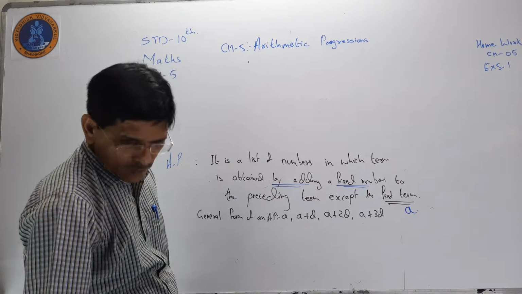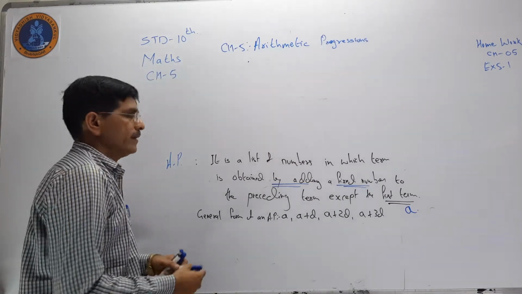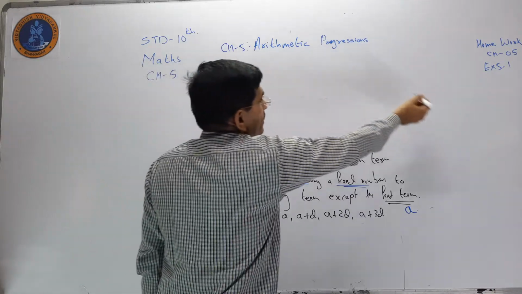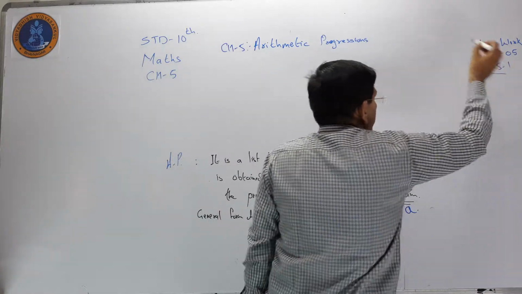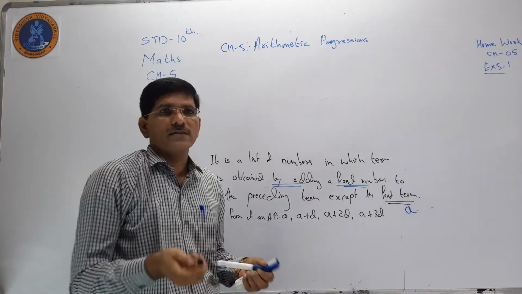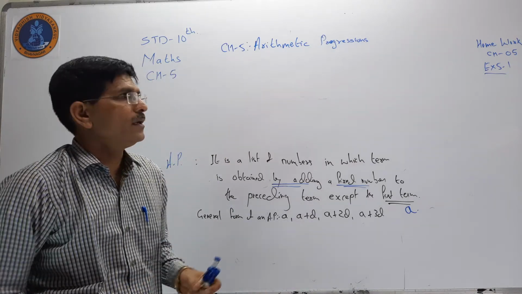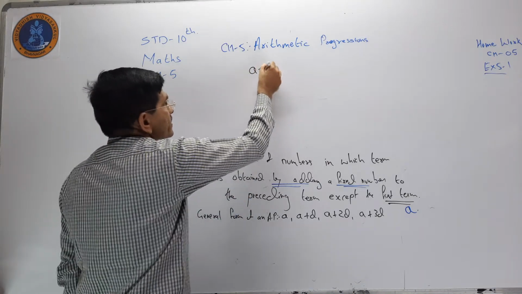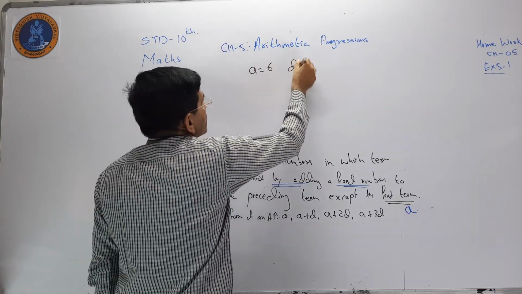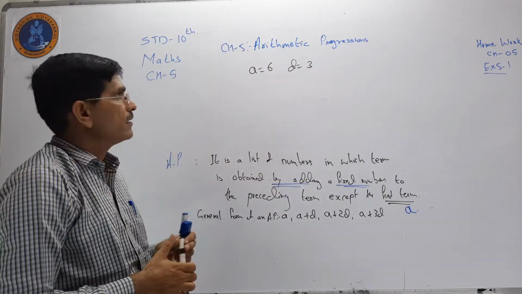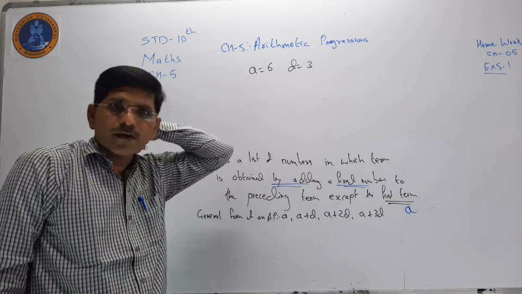Now we are discussing exercise 5.1. A is given as 6 and D is given as 3.